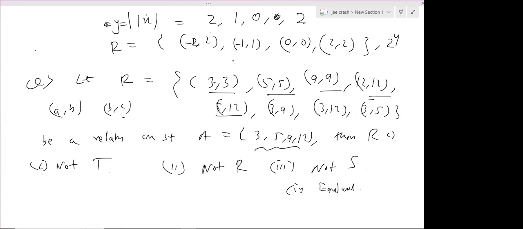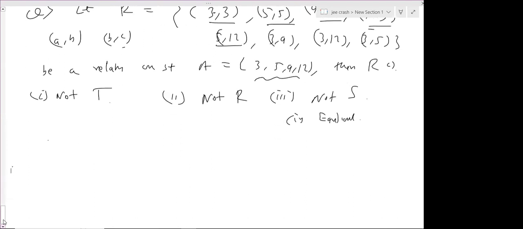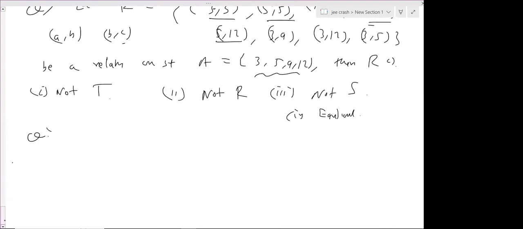Okay, next question. And this is JEE in 2018. Let N denote the set of all natural numbers.